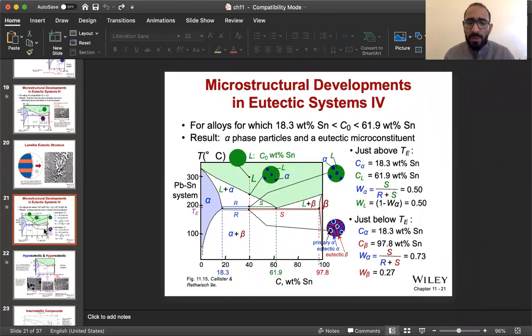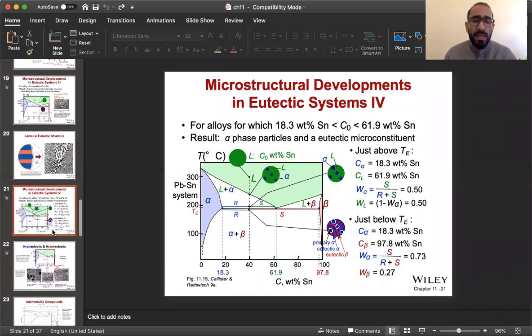Now we use this lever rule over here for the weight fraction of alpha and beta, to calculate the total amount of alpha and the total amount of beta, right?